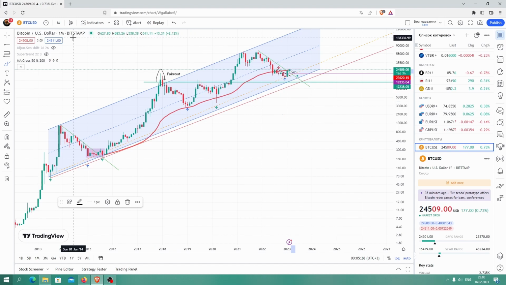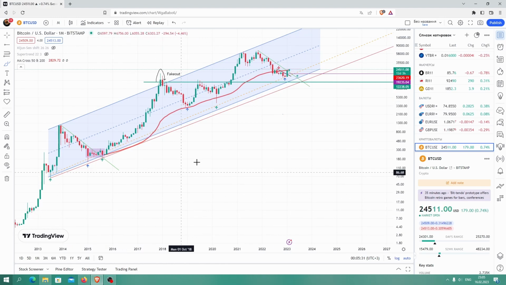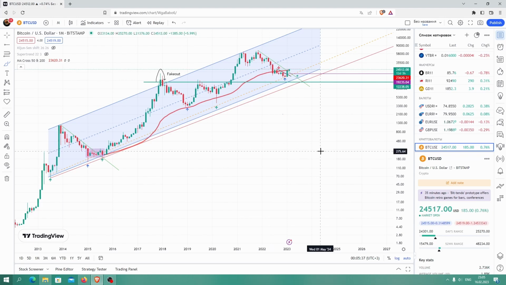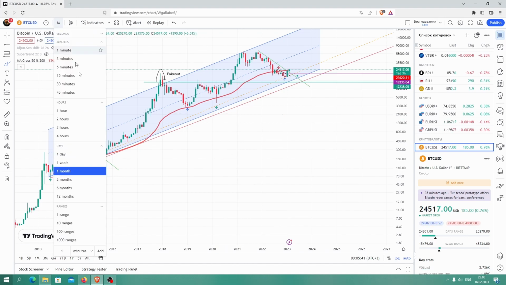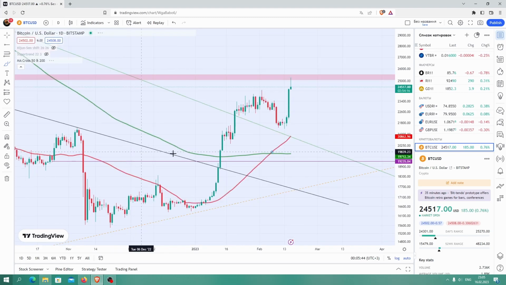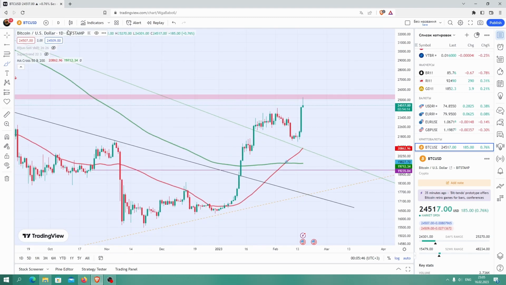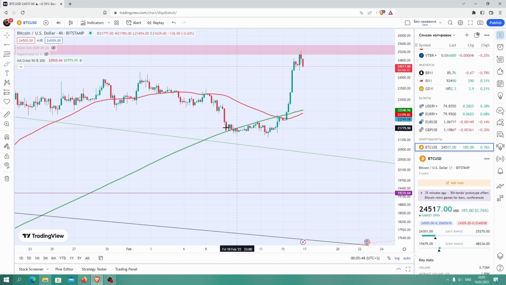We are going to dump, and we have to be prepared and know these levels and follow these high time frame setups and situations, and build our plans accordingly. So definitely look at it and pay attention to that.